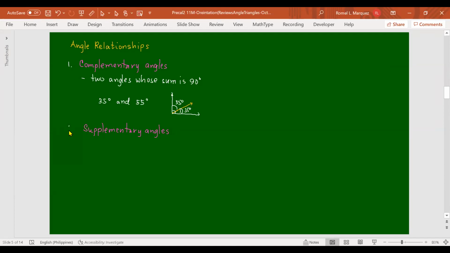Two angles whose sum is 360. What is that? Sir, isn't supplementary 180? 180, but I want 360.